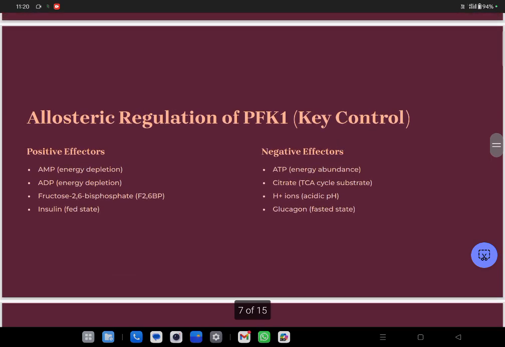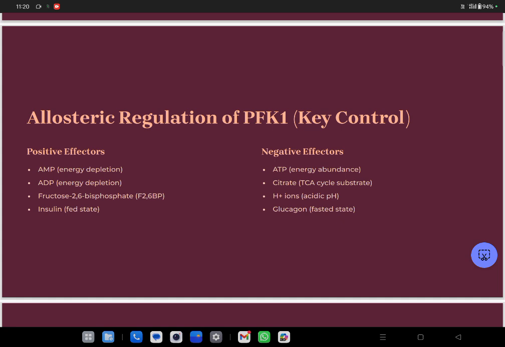So PFK1 or phosphofructokinase 1 enzyme is the key control. When there is a high amount of AMP, that is adenosine monophosphate, it means ATP has been broken down, hydrolyzed several times, to ADP and then again AMP. If the AMP level goes high, that indicates that ATP is less.